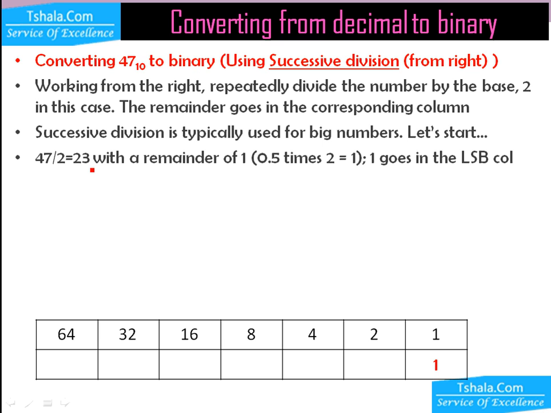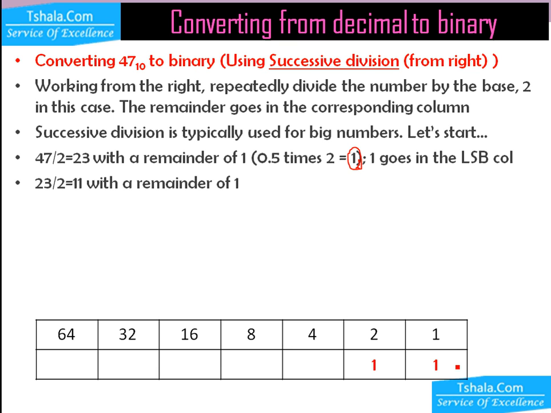Now the half is what we are interested in, because that needs to be multiplied by 2, which is the base, to get the remainder in base 2. We write that 1 there, and this gives us the least significant bit.